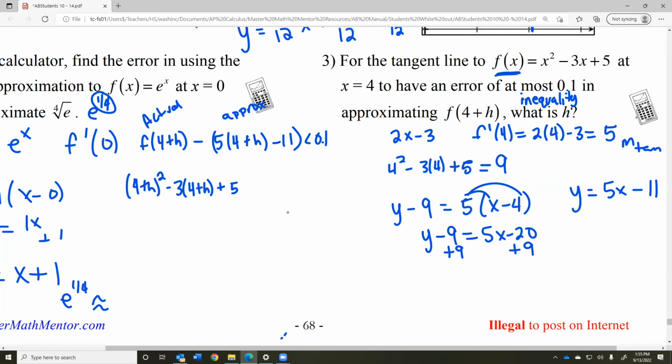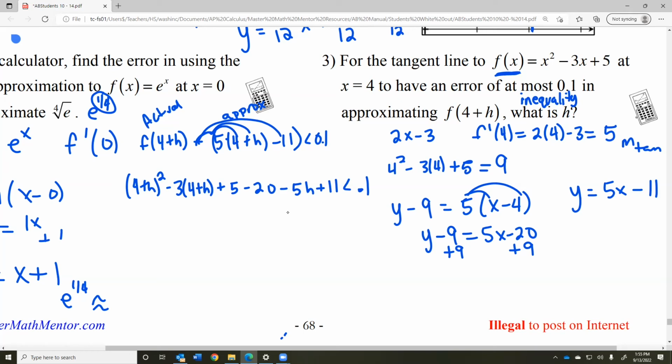That's going to be the f of 4 plus h piece. And then we can distribute the negative. So we get negative 5 times 4 is negative 20. Negative 5 times h is negative 5h. And negative 11 is plus 11. And we still want that to be less than 0.1.